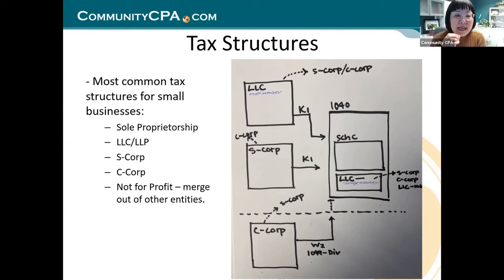I meant to say that the LLC here can change to S Corp, C Corp through election. Yeah, through election. I just want you to remember that because you are not stuck in one type of entity. You can change.